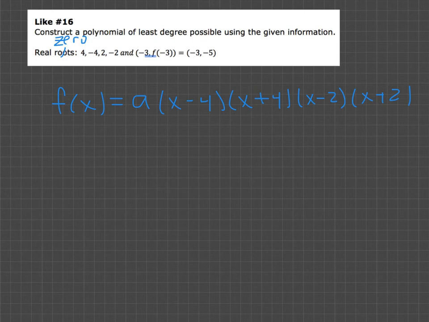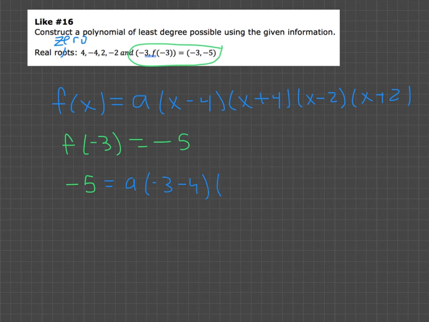The other piece of information that we're given here just means that when x is negative 3, the function is equal to negative 5. So we can replace f of x with negative 5 and x with negative 3. Everywhere we have an x, we plug in a negative 3.